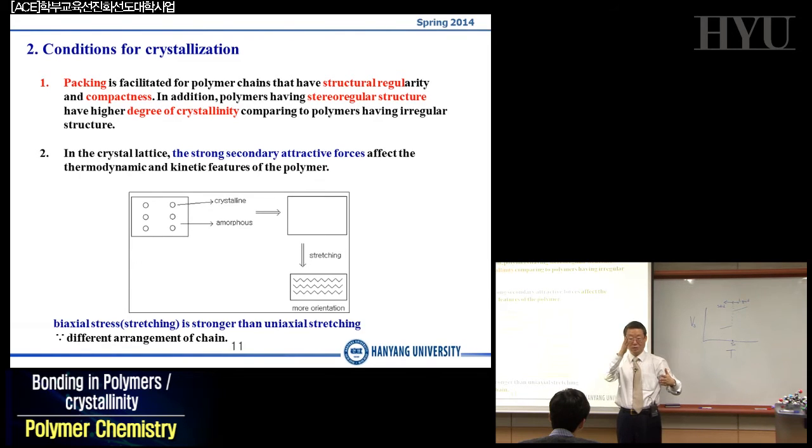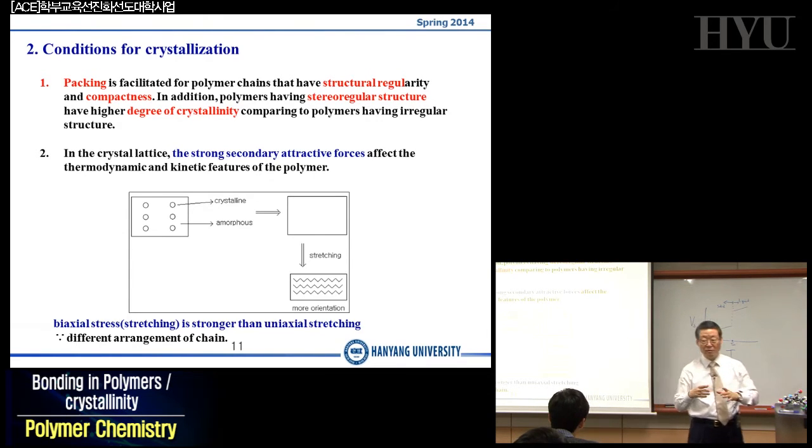So stretching is in both cases, x-axis and y-axis. You have much more orientation, and you induce a lot of crystallinity by biaxial stretching. And I believe that for your polypropylene packaging film, they use a lot of biaxial stretching in the industry.